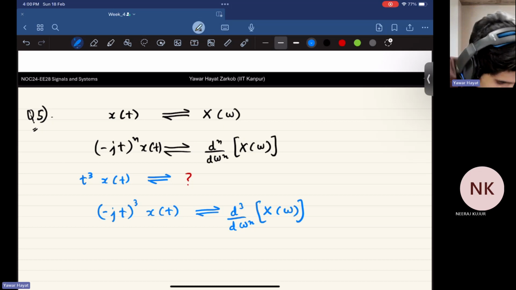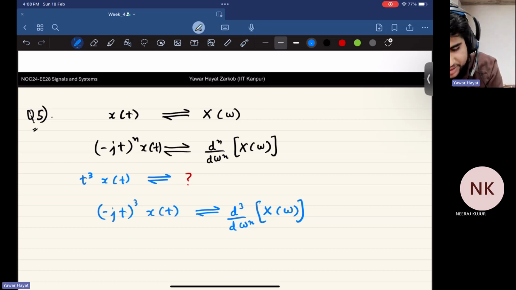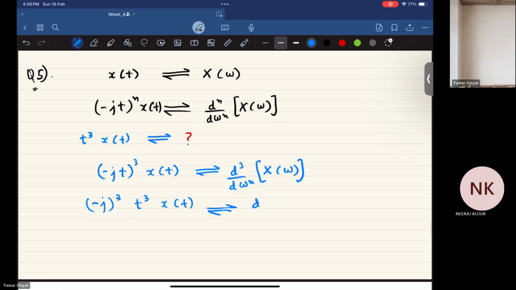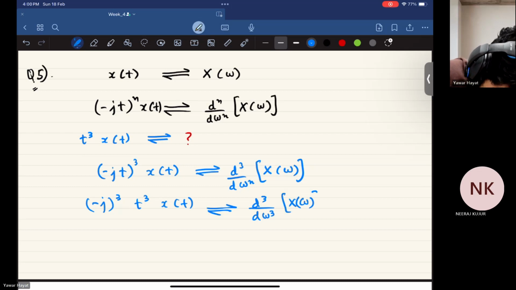This is minus j cube t cube x of t having a Fourier transform d3 by d omega 3 x of omega.